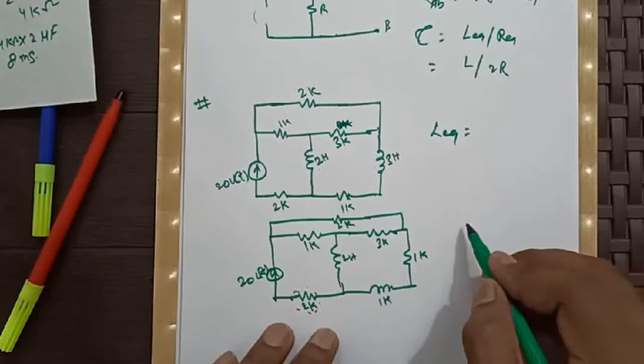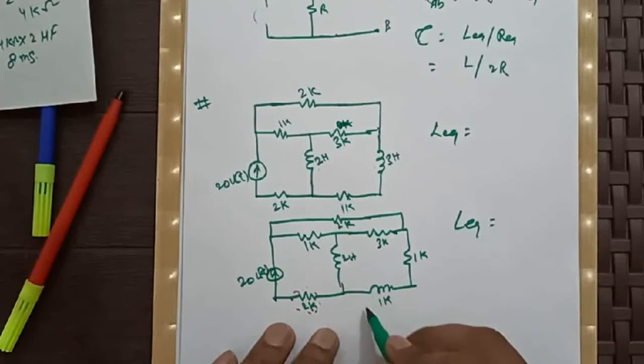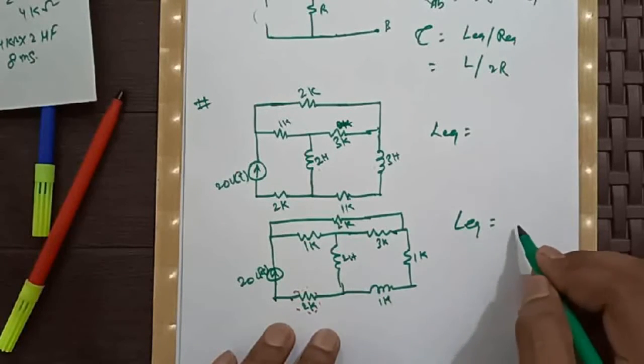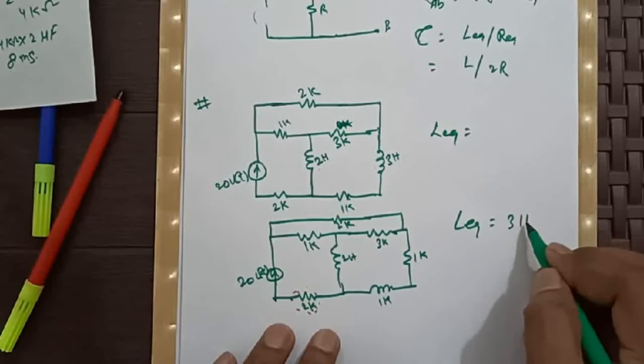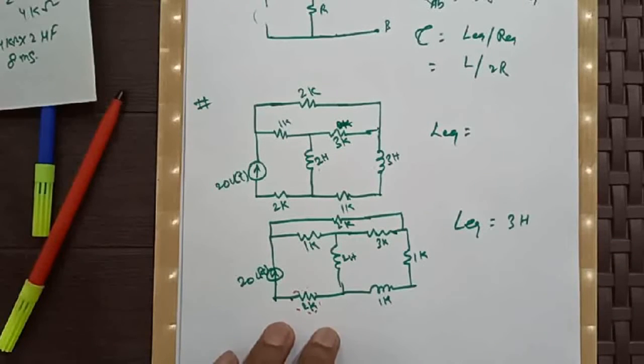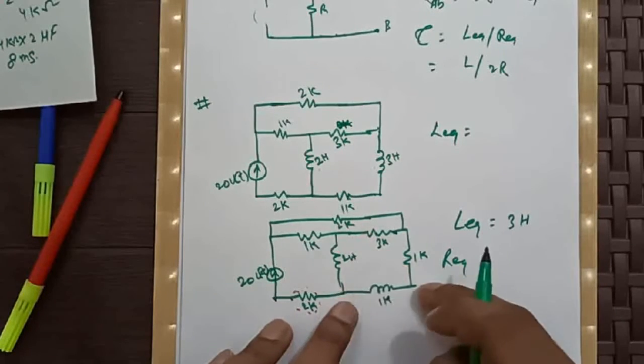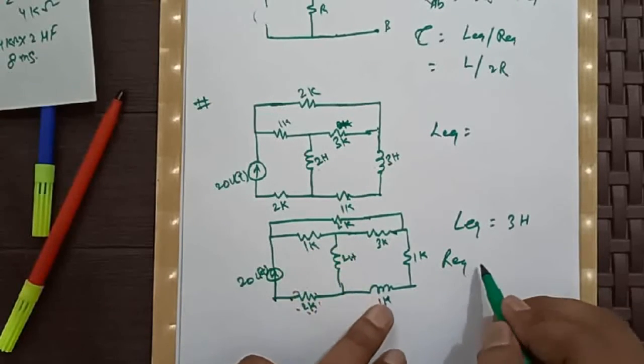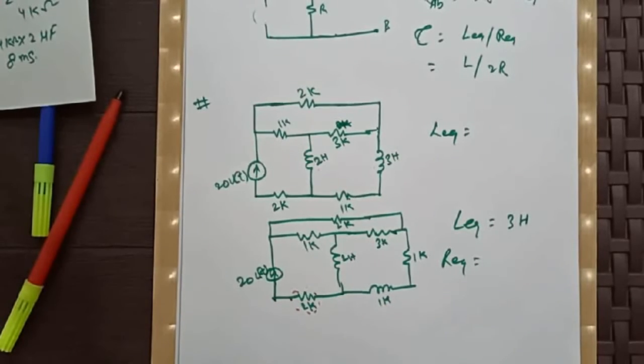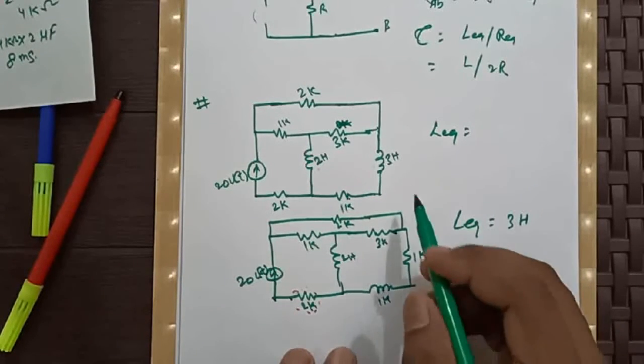Our L equivalent will be 1 plus 2, that is 3 Henry, and R equivalent. R equivalent between these two terminals will be what? Sorry, we have committed a mistake here.